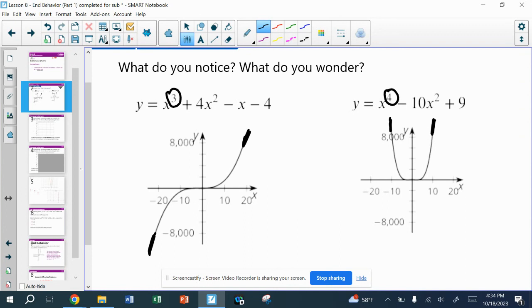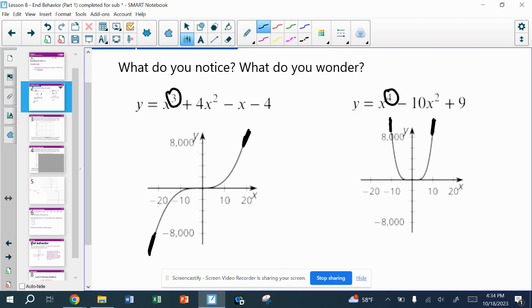We could wonder, maybe, do all third degree polynomials look like this when they're graphed? Do all fourth degree polynomials look like this when they're graphed? Why do third degree polynomials look like this one that we've got here versus the fourth degree polynomial?